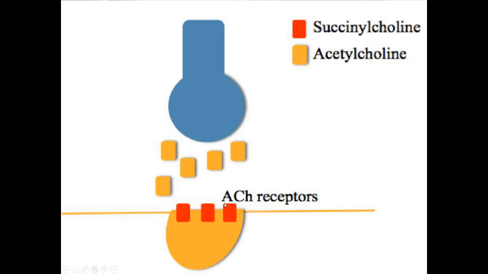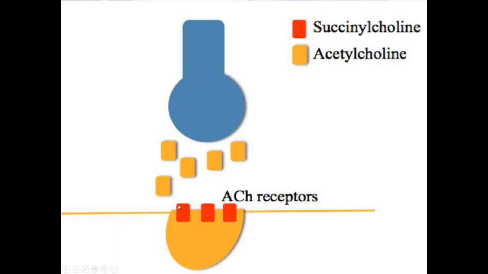Here you can see that this is the acetylcholine molecule, and this is succinylcholine. Succinylcholine is also called suxamethonium. Succinylcholine is a depolarizing neuromuscular blocking agent. And how does it work? It produces sustained opening of the nicotinic cholinergic receptor channel, so when it is binding here, it does not allow acetylcholine to bind to these receptors.